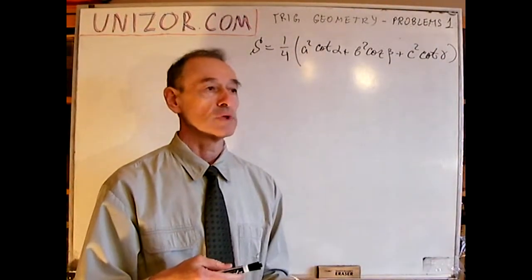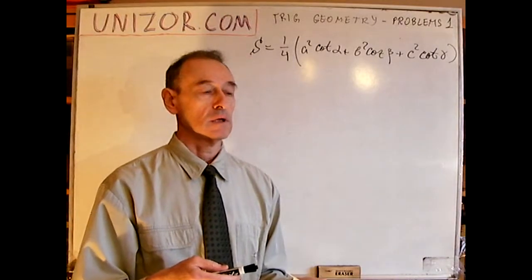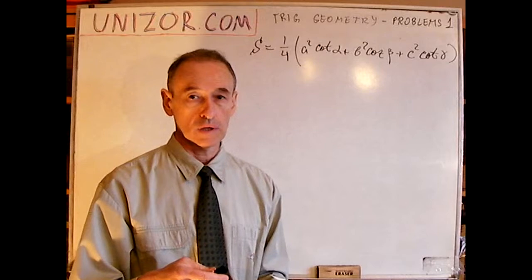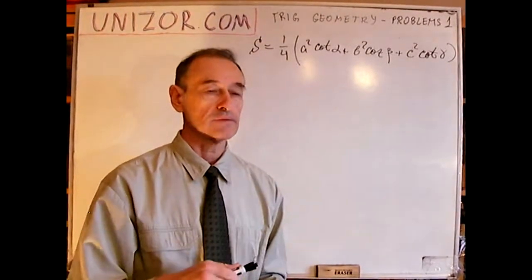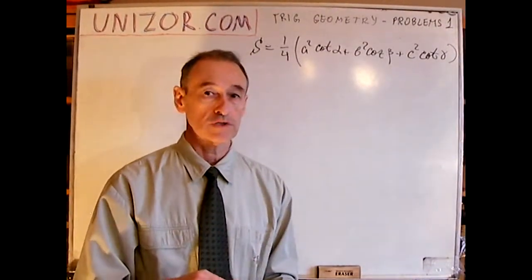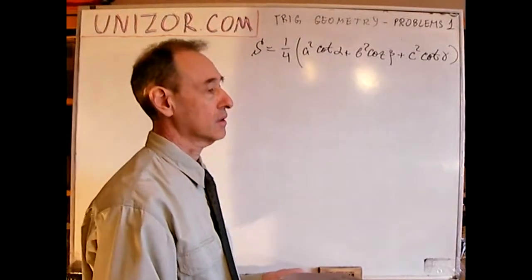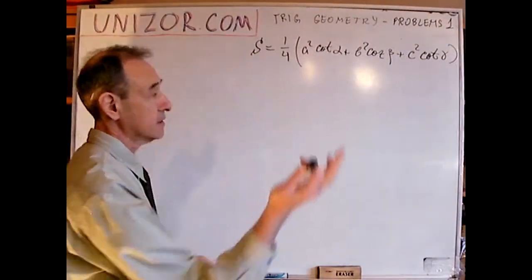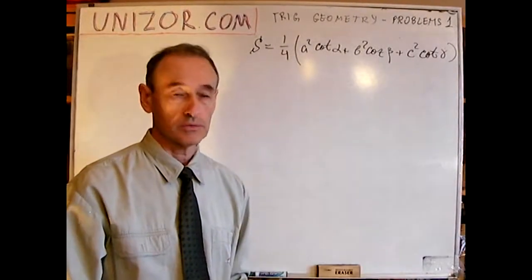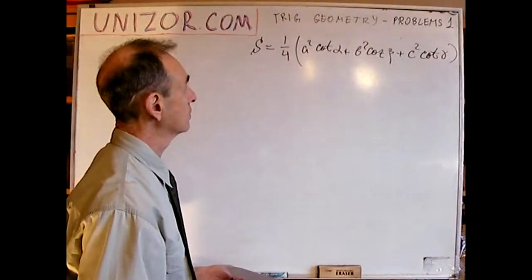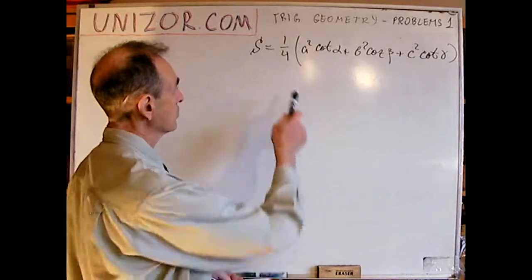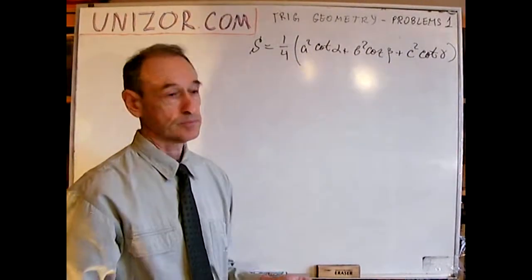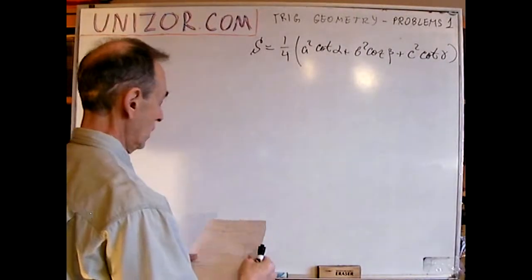Another formula for area of a triangle was Heron's formula, which I derived a long time ago in the geometry chapter, which was dedicated to the area of a triangle. So this is yet another formula for the area of a triangle. So we express the area in terms of sides and angles. Okay, let's prove it.